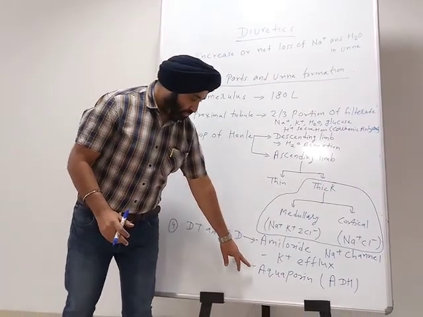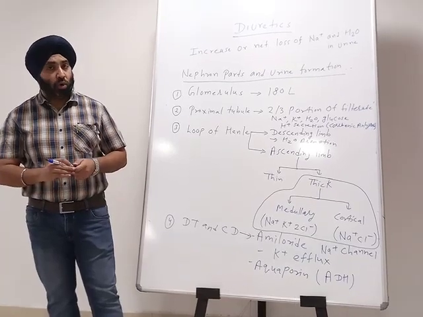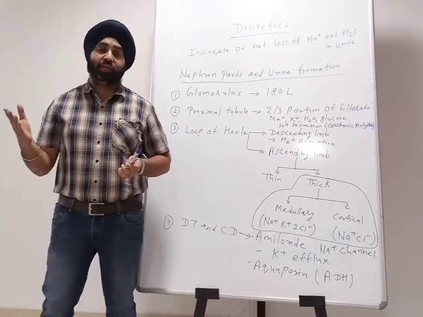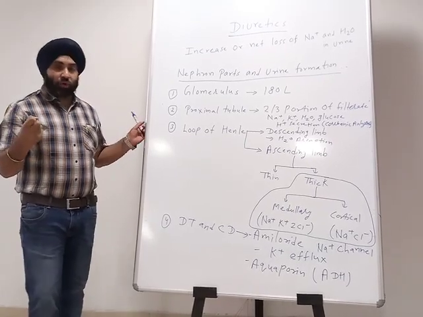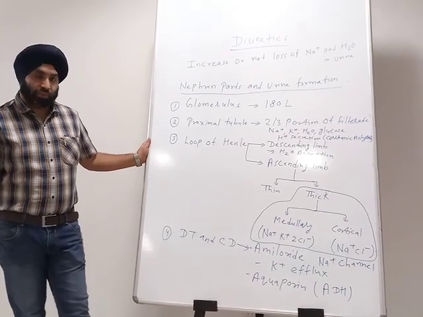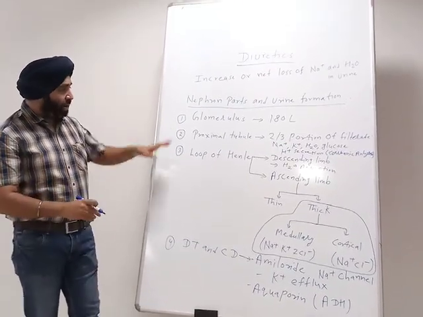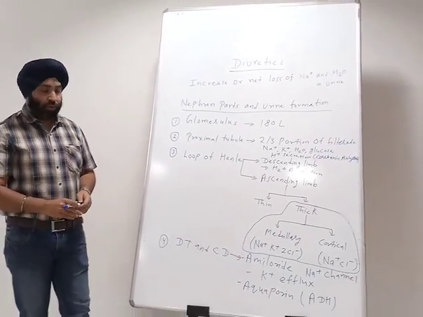Other than this, aquaporin channels are available. You all know that they work under the influence of ADH. If ADH is there, more water is absorbed or more aquaporin will work, and the opposite is vice versa. So these are the parts which are responsible for urine formation.